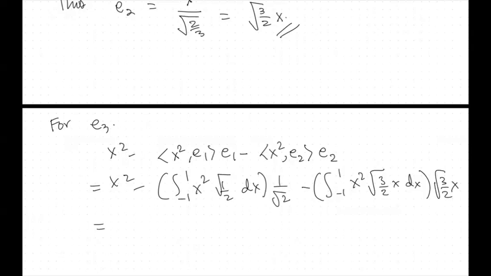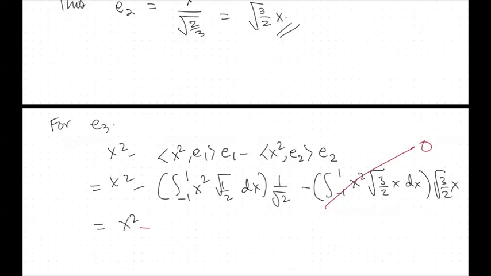This is equal to x squared first, and then in this part we get x to the fourth, and that is an even function, so x to the fourth over something, and then this part will become 0. And this part here, we get x.